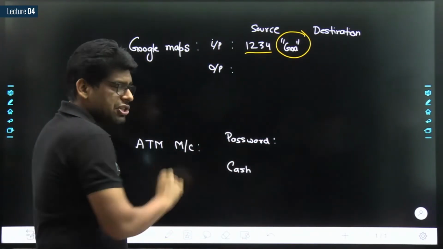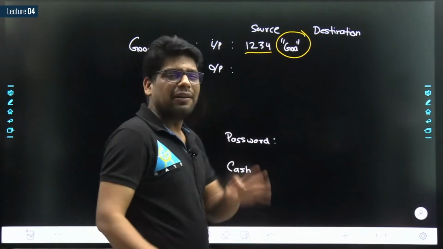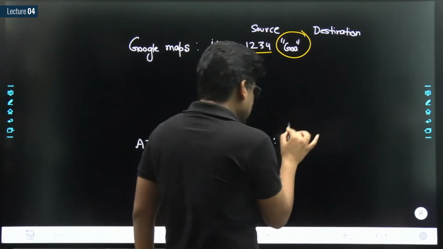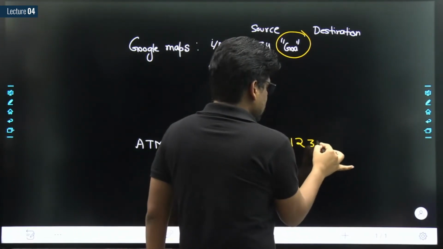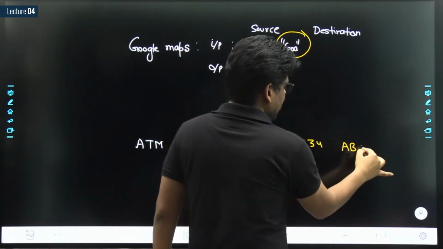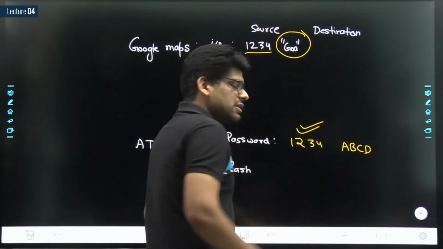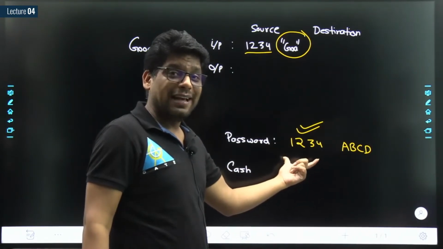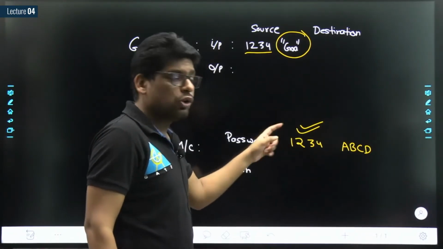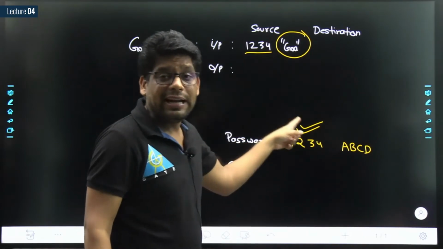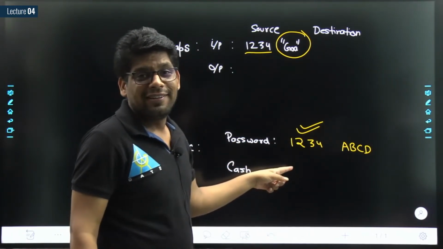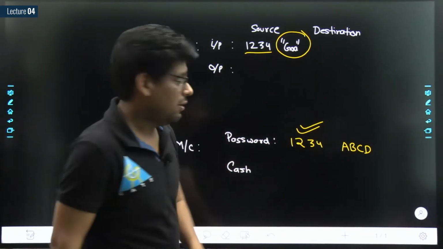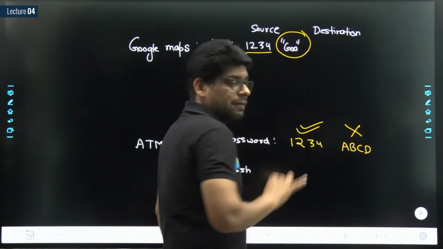Coming to the ATM machine, password. A 4-character password, basically an integer. Sir, is this correct or this correct? Generally the passwords are of this type. That means now, what is the input type? The type of input or the data we are getting as input is a number, not a text.